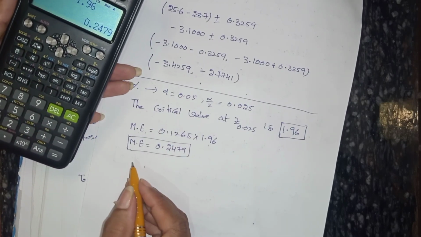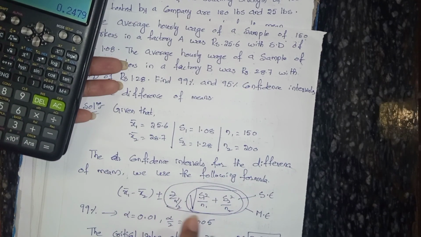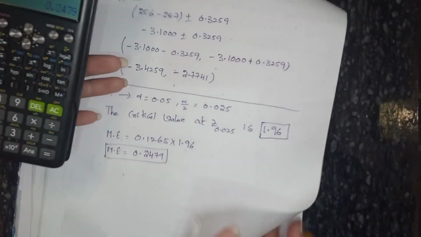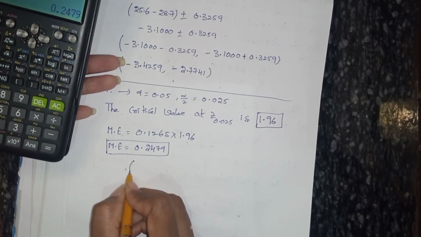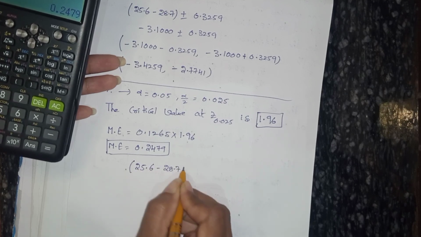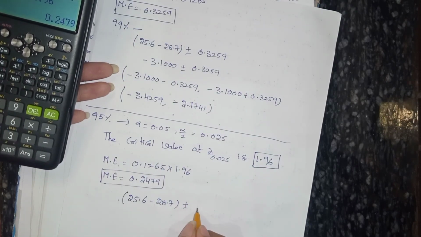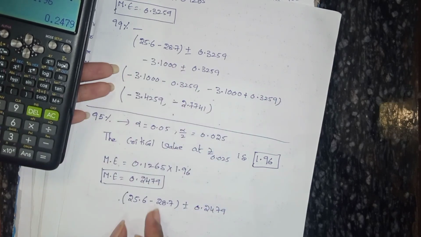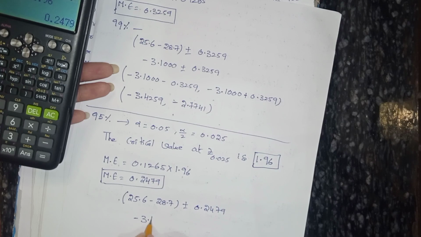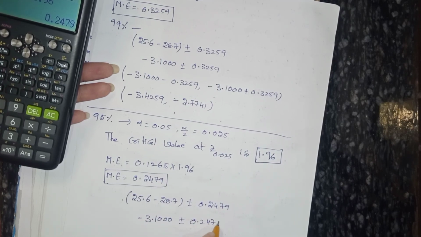Now we have to calculate the confidence limit. The formula is x1 bar minus x2 bar plus or minus ME, the margin of error. So 25.6 minus 28.7, plus or minus 0.2479, gives minus 3.1000 plus or minus 0.2479.